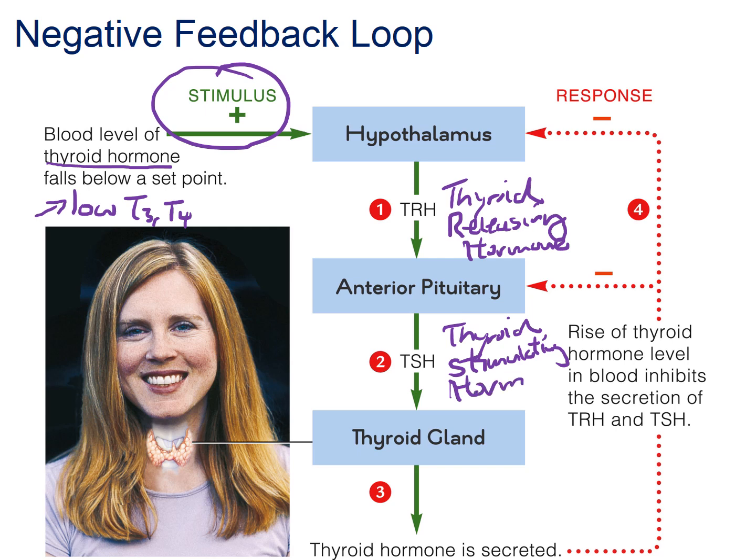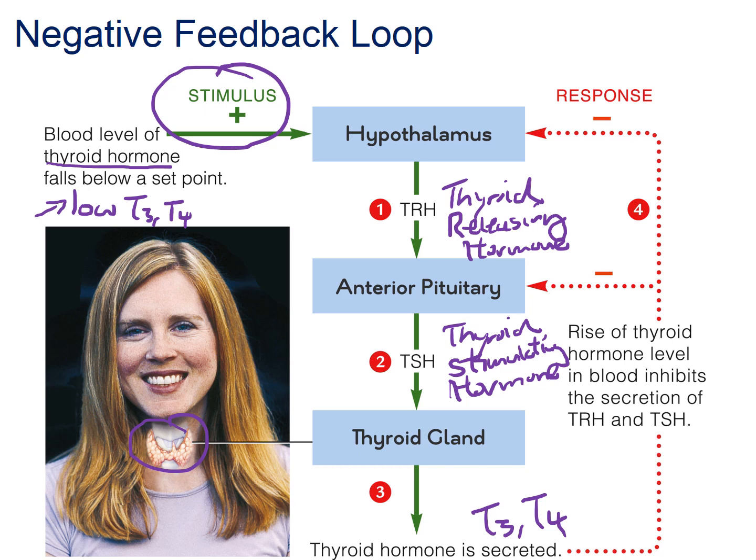And that TSH is going to travel to your thyroid gland, which is right here. In response to that, the thyroid gland is going to release thyroid hormone, specifically T3 and T4, and T3, T4 will then turn the metabolic rate higher.